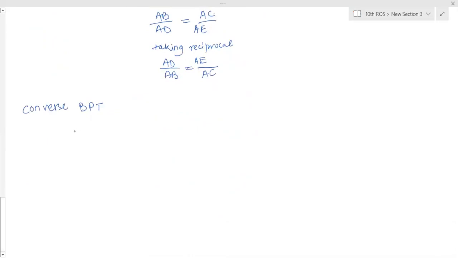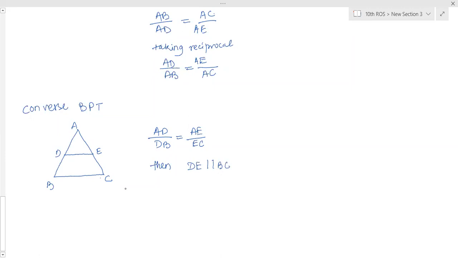Converse BPT is: in a triangle, if a line divides the two sides in equal ratio, D and E, DE is a line that divides AB and AC in equal ratio, that is, AD by DB is equal to AE by EC. If this line is dividing the sides in equal ratio, then DE is parallel to BC.